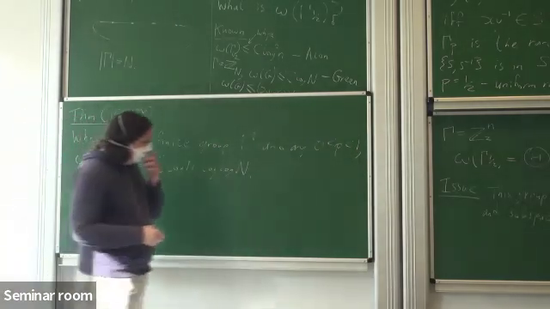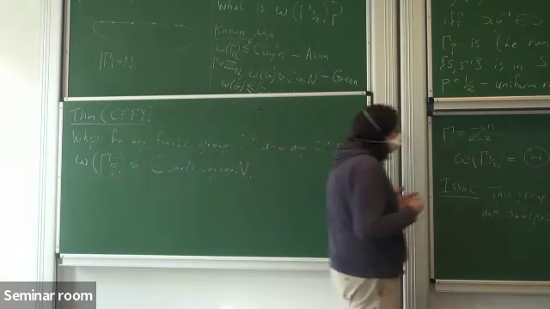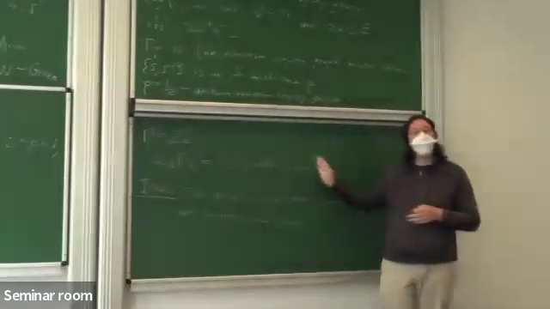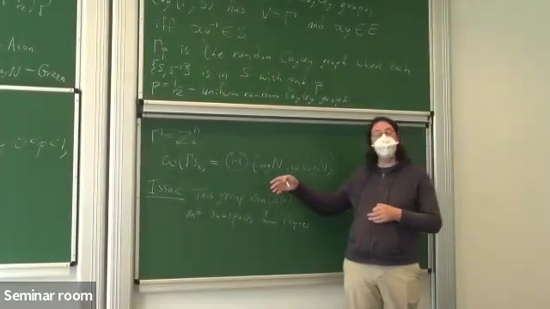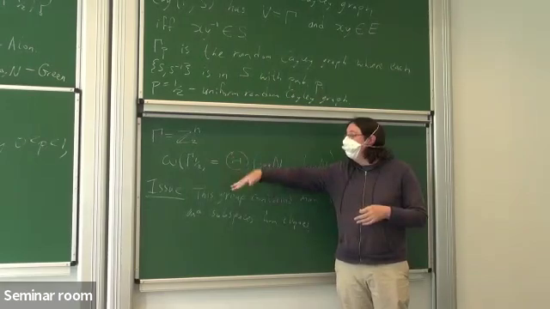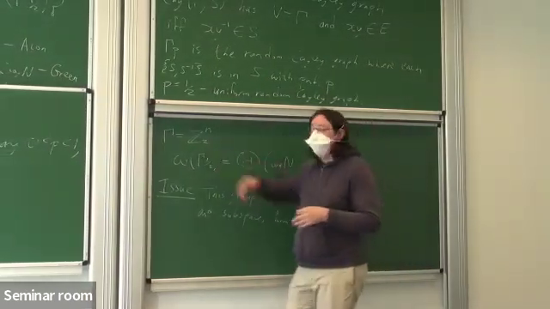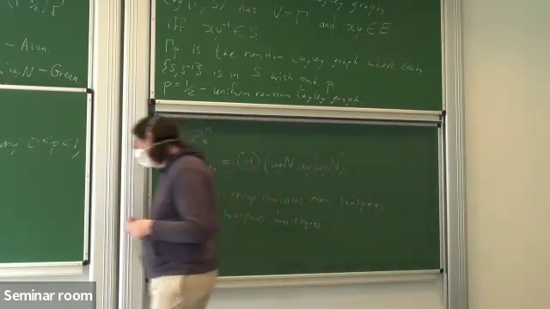In essence, we believe, but we can't prove, that in some sense Z2 to the n is the worst possible situation. Similar things happen if you look at Z3 to the n or Z5 to the n or whatever, but it seems that Z2 to the n is the one with the most subspaces.